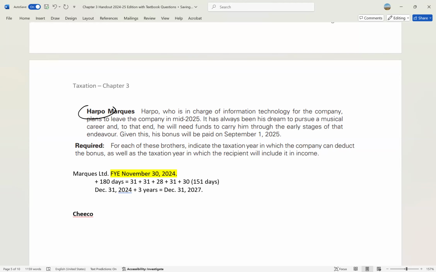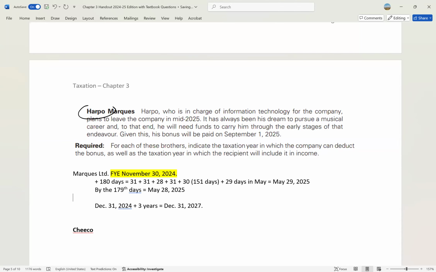And so to get to 180 days, we need an additional 29 days in May. So the 180th day would be May 29th, 2025. So if it has to be paid by the 179th day, that's going to be May 28th, 2025.